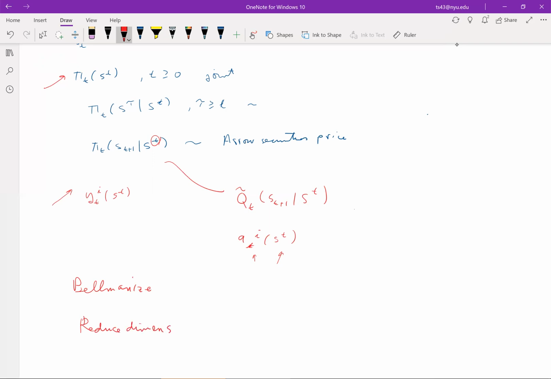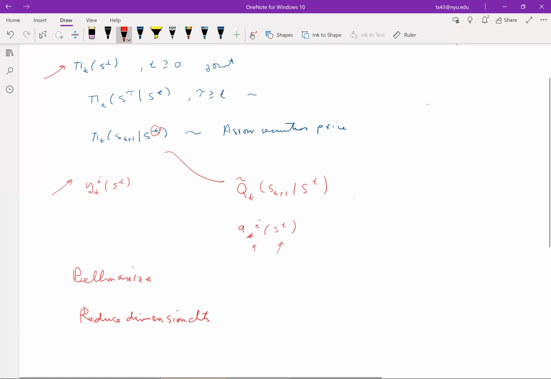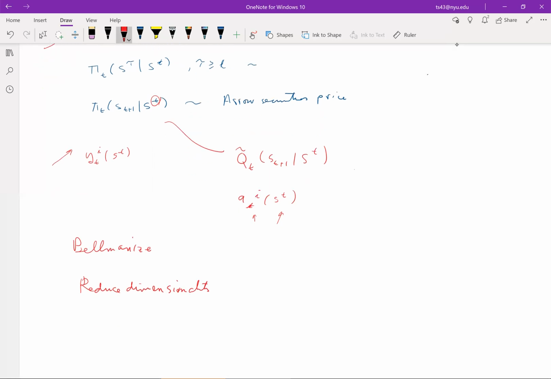This is a key step in reducing the number of objects we have to keep track of in order to formulate our theory. And for applications, that is essential. So we want to limit the number of state variables.